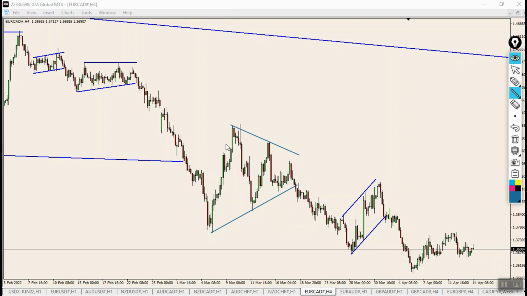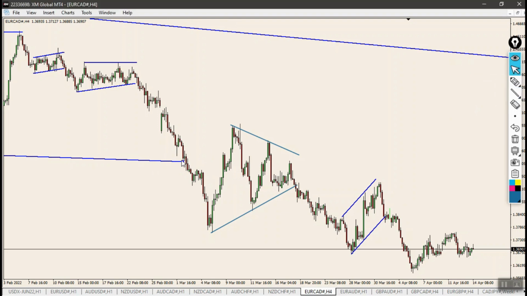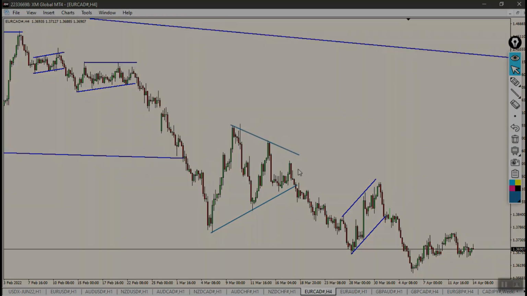So this is very important when it comes to your pattern separation. You wouldn't have noticed this if you had your trend line running through price. This would have been very confusing. You would have been wondering why the market is very choppy and it's not making sense. But the moment you separate the two, it makes much more sense.